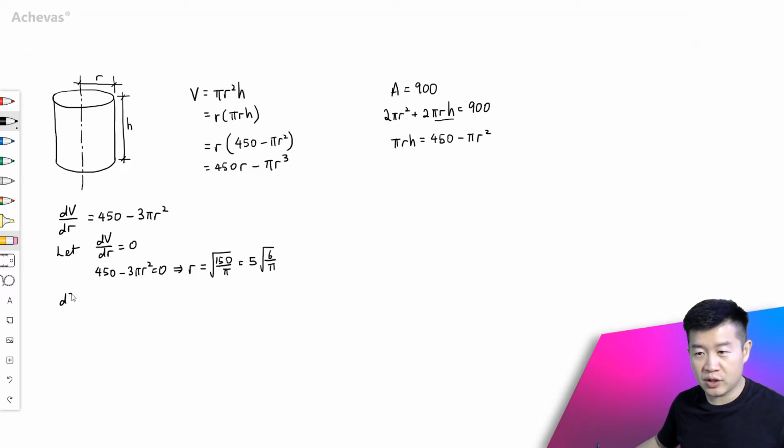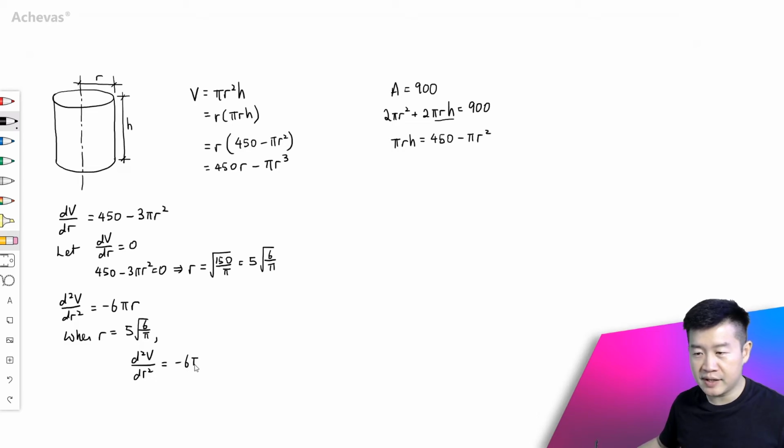So let's try to find d squared V/dr squared. Differentiating this again, it is minus 6 pi r. So when r is equal to 5 square root of 6 over pi, let's see what is the value of d squared V/dr squared.